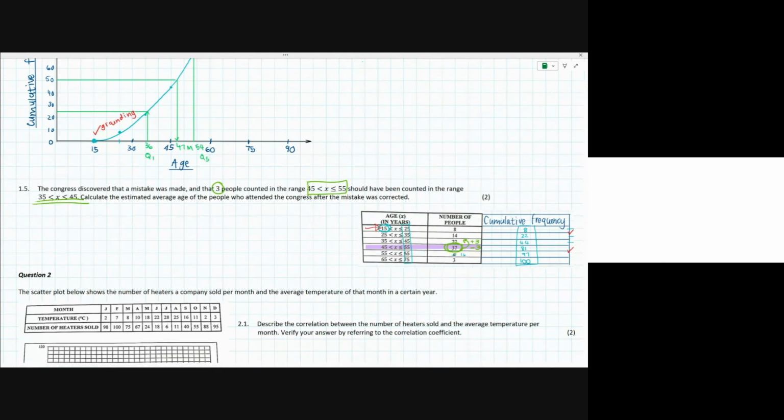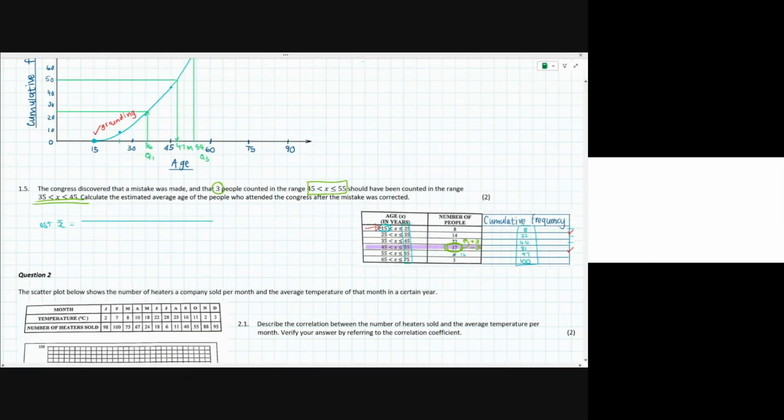Now this question is going back to something you learned way back in grade 8. We do it consistently, but going back to how to work out an estimated mean. To work out your estimated mean, we take the midpoint of each interval.